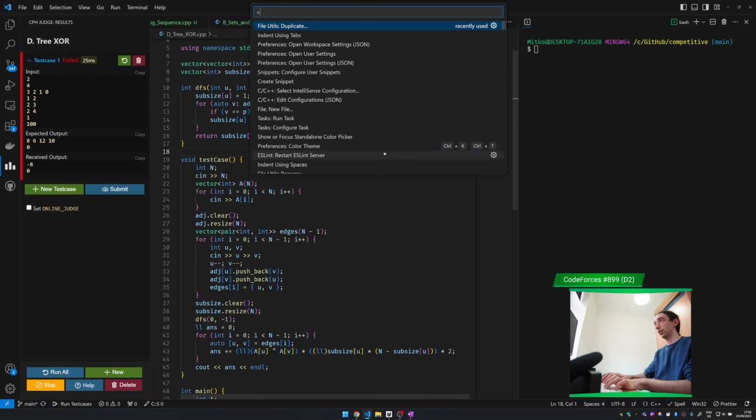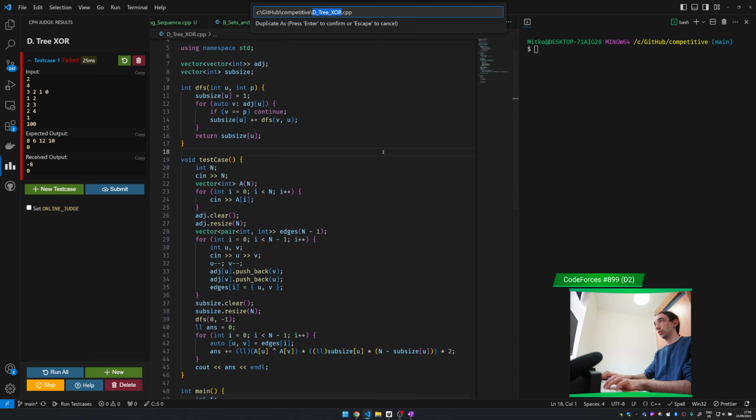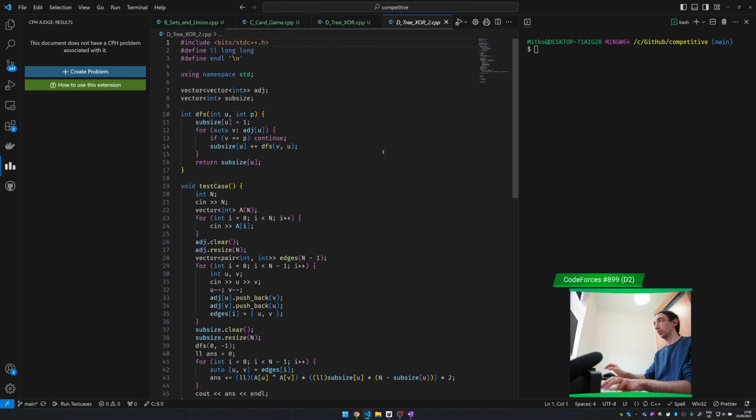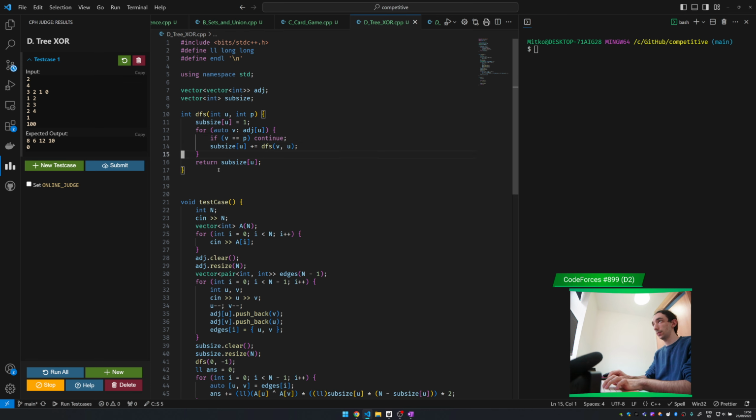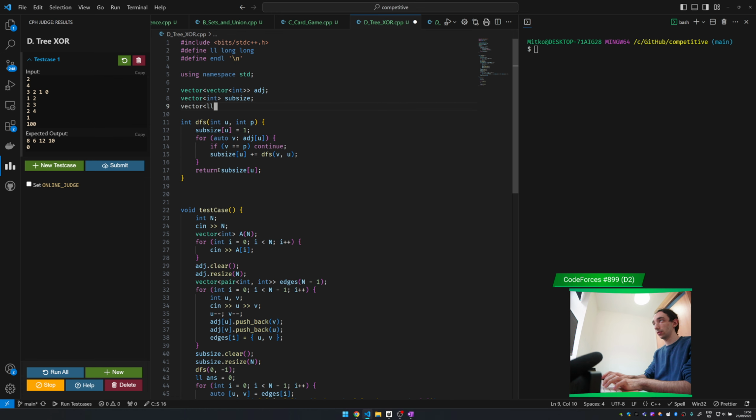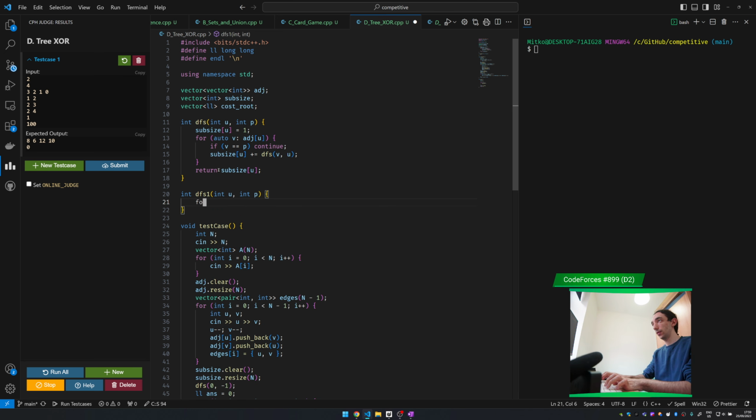Okay, let's archive this. Duplicate. Okay, so I have DFS1, the subsizes, right? Then one cost as being the root. But this is in perspective with 0 being the major root node. If that makes sense.